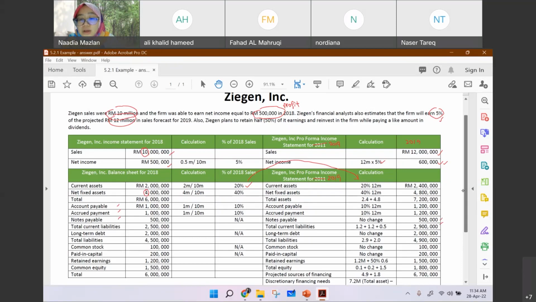So until here you will get marks for total current liabilities. Next, for long-term debt, this is non-applicable. So no change, you're just going to take the 2 million here. And then in order to calculate the total liabilities, 2.9 here plus 2 million, so you get 4.9 million.